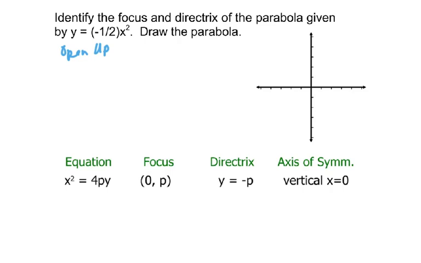We want to go ahead and solve our equation for x squared so that it can be in the form of 4py. So that means we've got x squared. We multiply both sides by the reciprocal of -1/2, which is going to be -2. So x squared equals -2y.